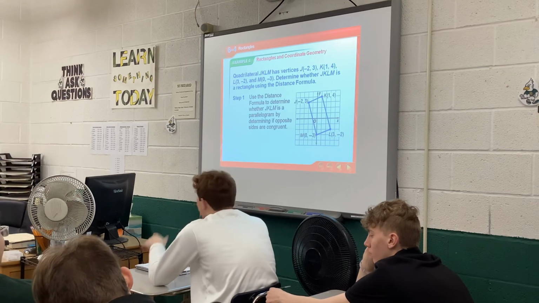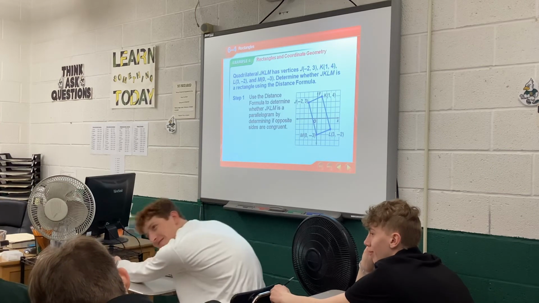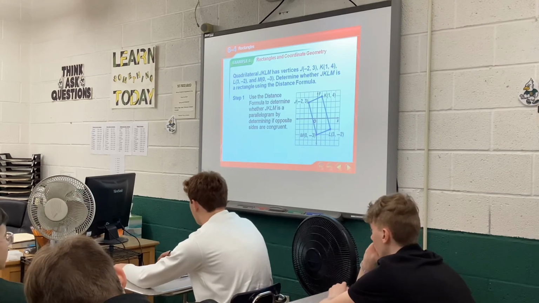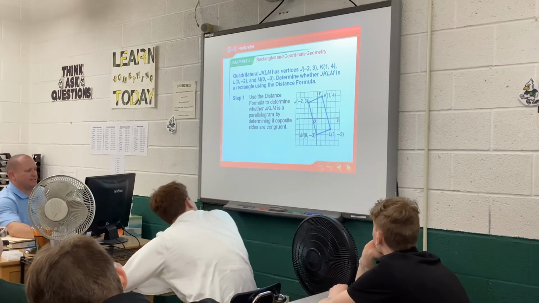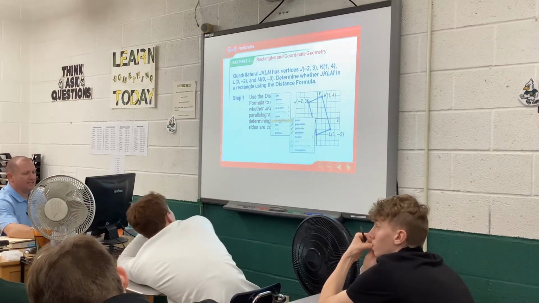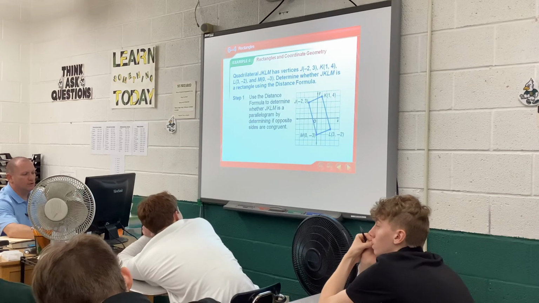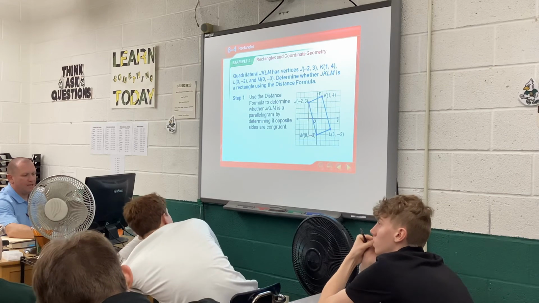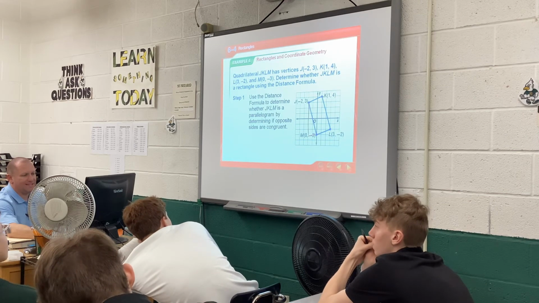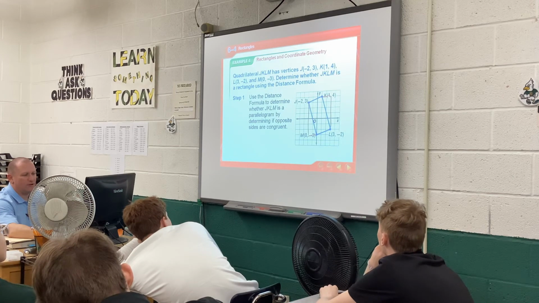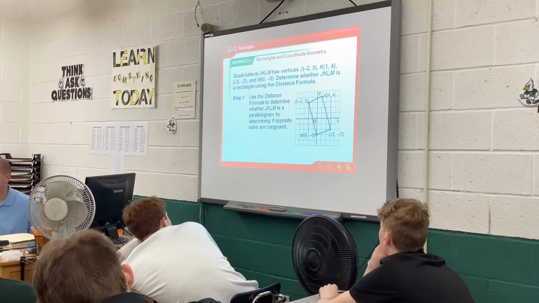Okay, so if you're gonna do the distance formula, you can go through and you can do all this. But as Aiden just got done saying, I don't even really care what the answer is, right? I just wanna know that it's true, meaning that they're equal. So if I draw this triangle right here, and then I draw this triangle right here, basically I'm asking myself, are those hypotenuses the same thing?